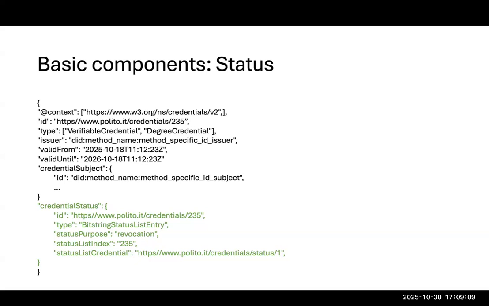This version of the recommendation defines a very straightforward and clever way to deal with revocation, essentially with a simple bit string. So you have an array of bits set to 0 if that credential number, for example 235, is not revoked, 1 if revoked.